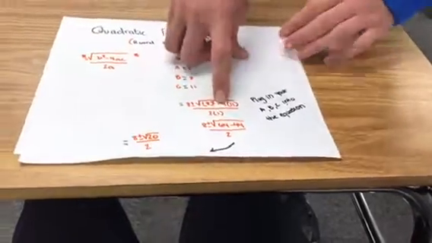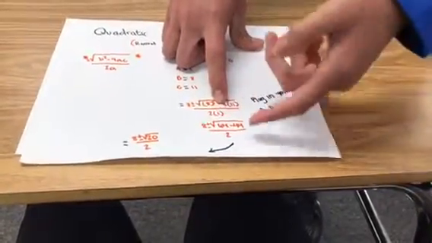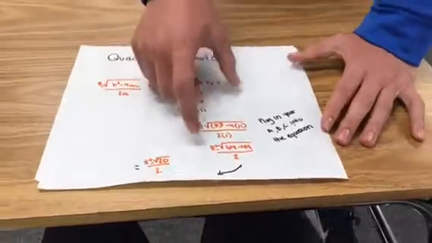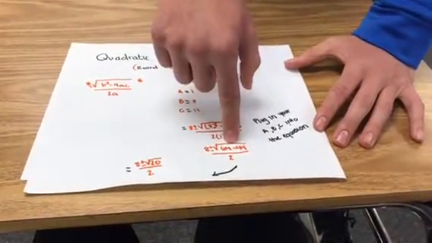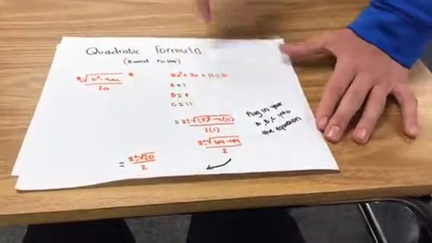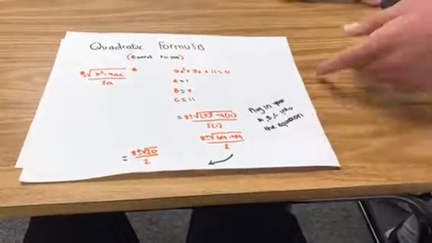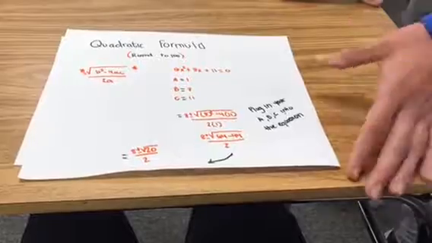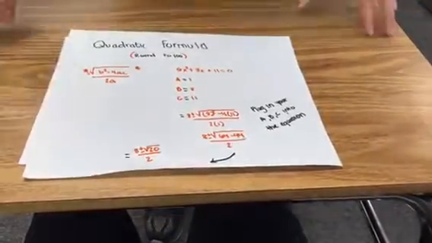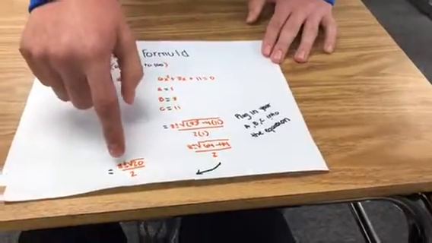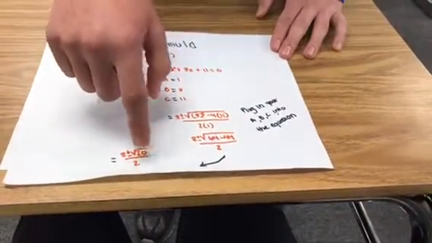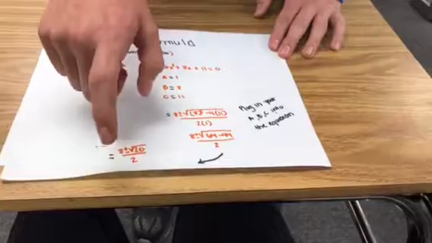Once you do that, you come down here and you have almost your final: 8 plus or minus the square root of 64 minus 44, over 2. You have to make sure that's completely correct. Then your final answer is going to be 8 plus or minus the square root of 20, divided by 2.